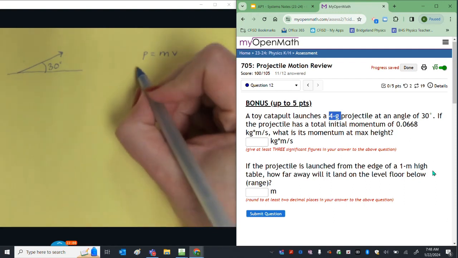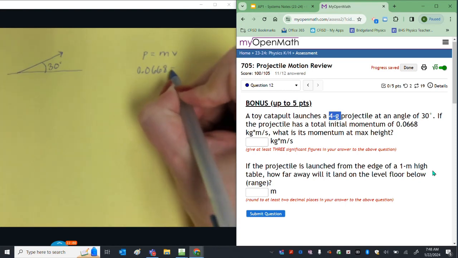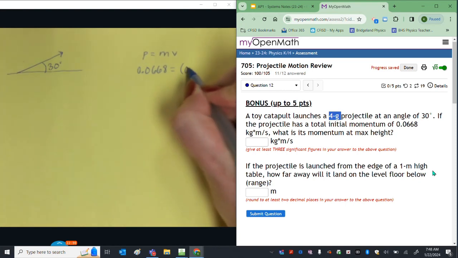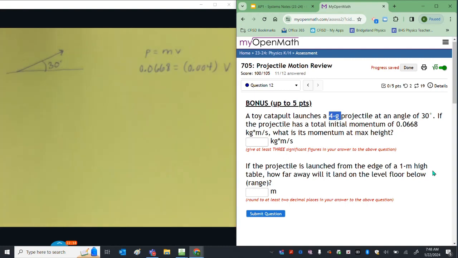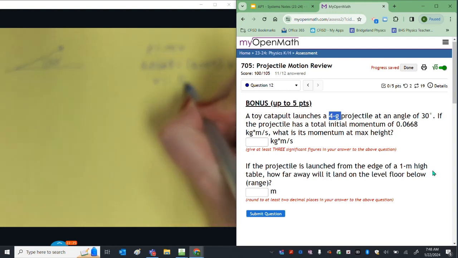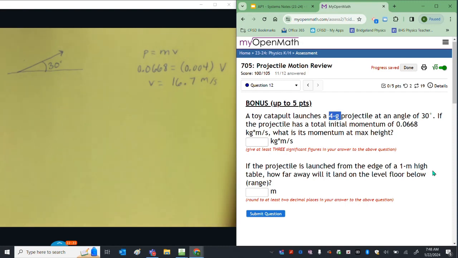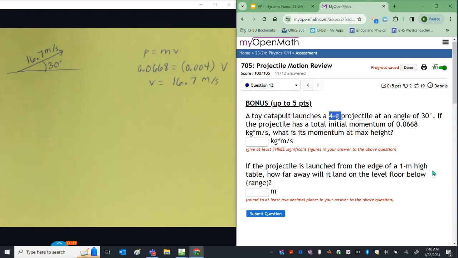My momentum is 0.0668, and it's going to be equal to my mass in kilograms, which is 0.004 times V. If I divide both sides by that 0.004, I can figure out what my velocity is. And that's going to be equal to 16.7 meters per second.